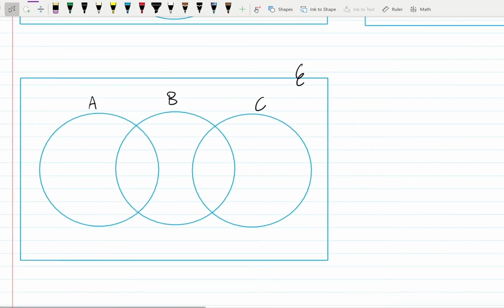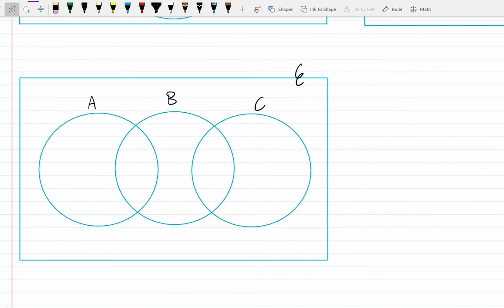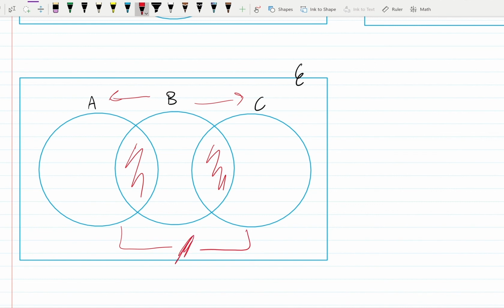And I might have another Venn diagram that looks like this, where we have B in the center, and B has a relationship with C. B also has a relationship with A, but A and C, they don't have a relationship, right? There's nothing between them, other than the fact that maybe C has some elements in B and A has some elements in B, but A and C don't have any elements in common.